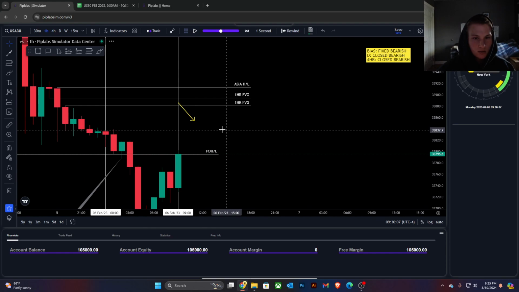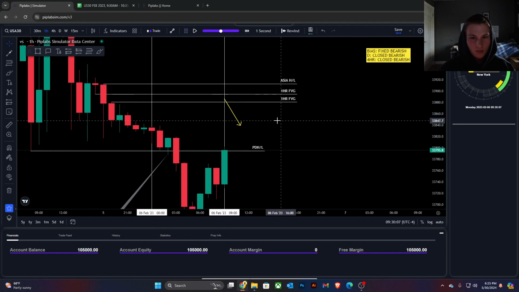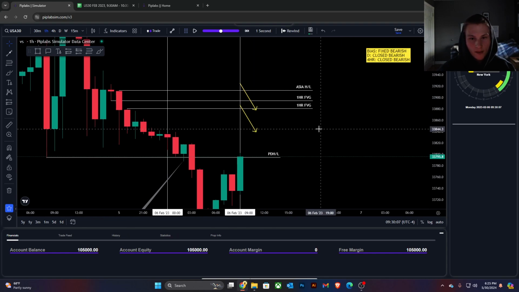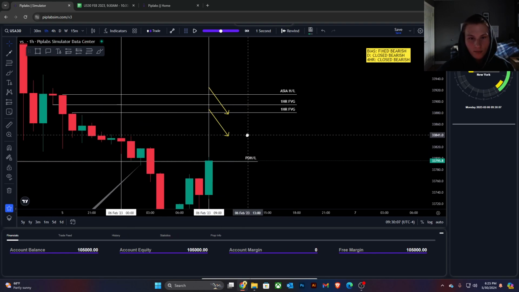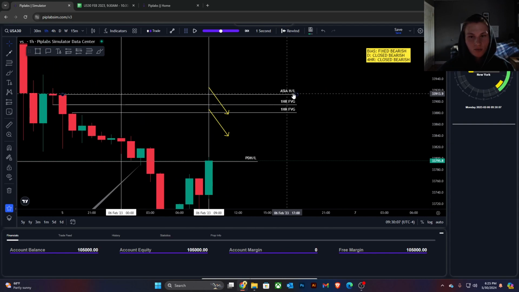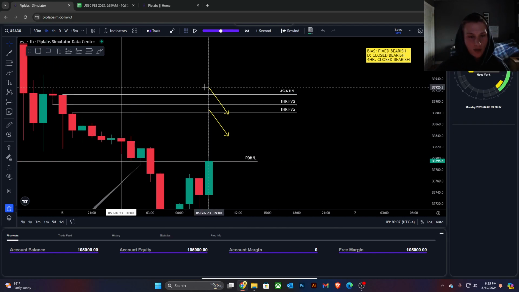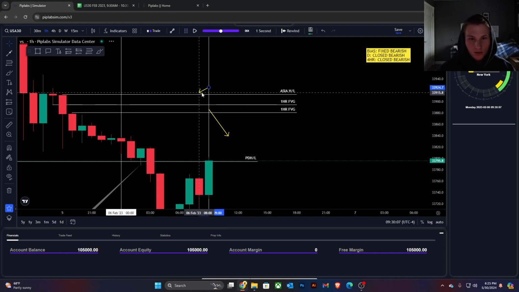Alright, nice. Now we're waiting for price to come to my entry points, which is either a reaction off this 1 hour gap or a false break above these Asia highs, which would also be nice to see it grab some liquidity to continue down.